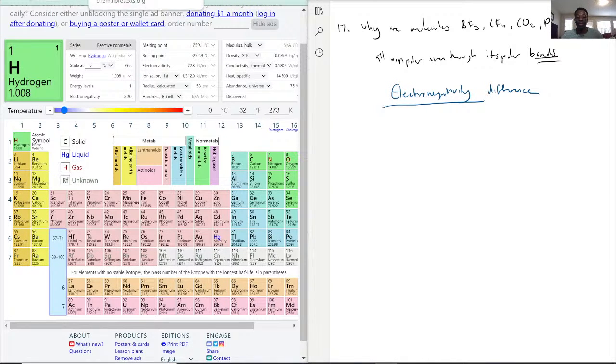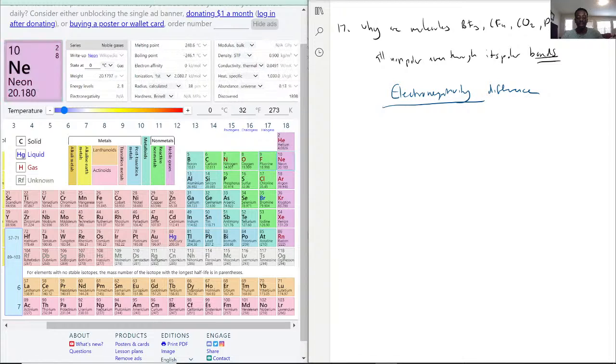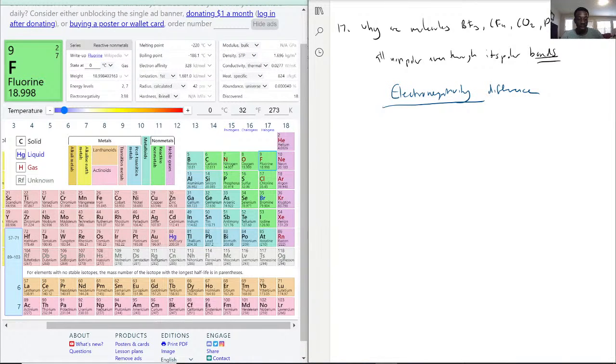So BF3, which is boron and fluorine: the electronegativity for fluorine is 3.98, and boron is 2.04. And we subtract those two together.